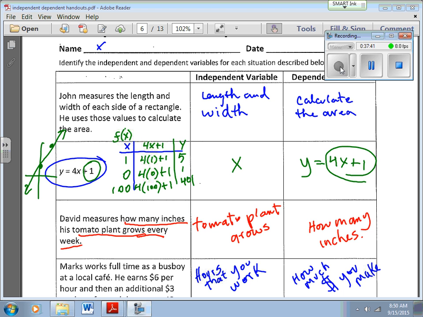The minimum is 12,000, but he can make more than that with the 8% commission. What's the independent part? How much he sells, or his commission. So his commission is the independent part, and his dependent part is how much he makes, which is a minimum of $12,000. If he sells nothing, that's all he's going to make for that month. Okay.